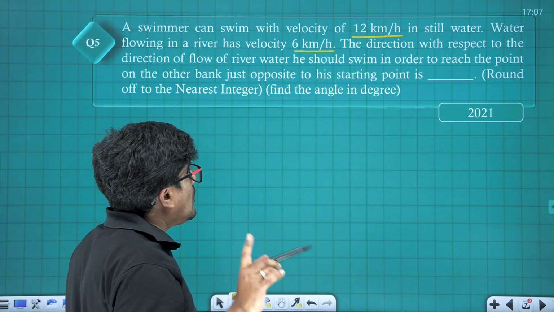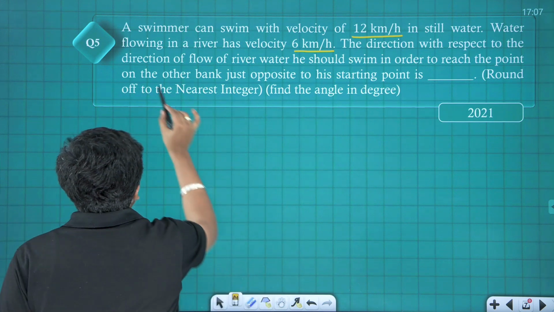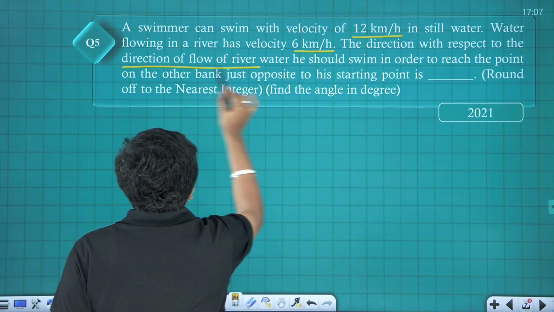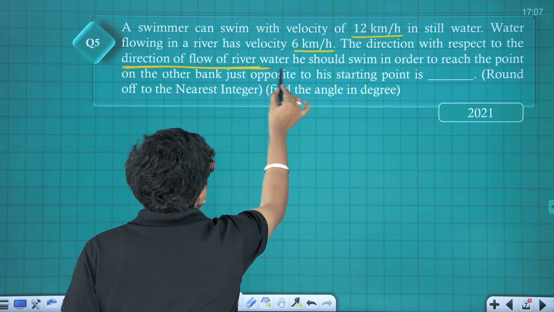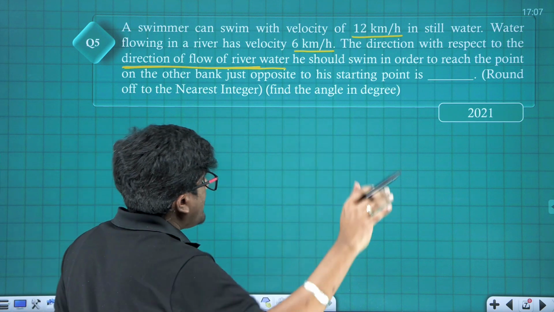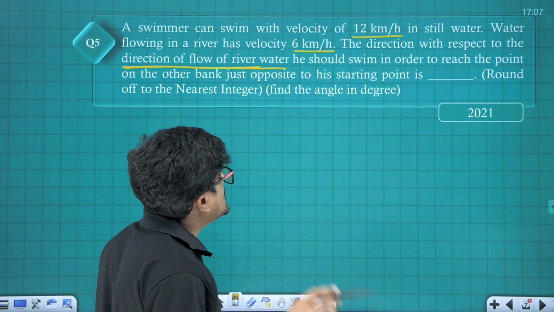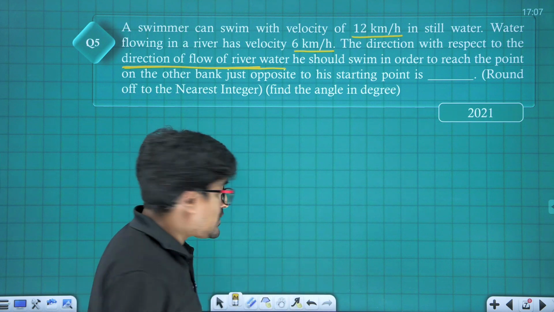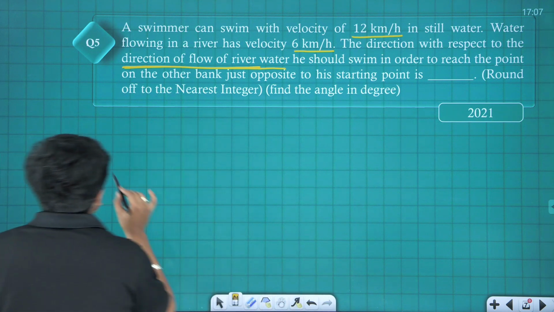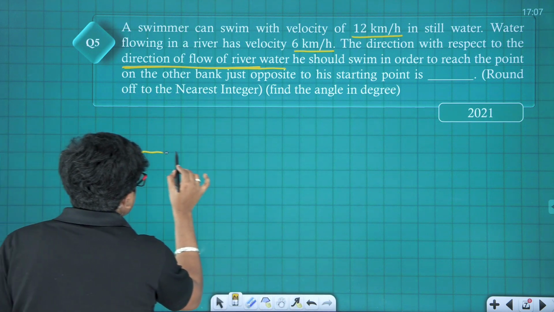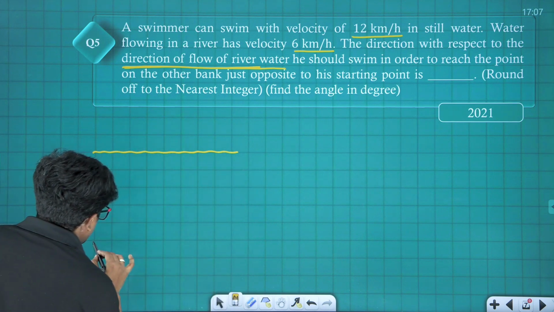The direction with respect to the direction of flow of river water he should swim in order to reach the point on the other bank just opposite to the starting point is. That is the question. Again, let's try to understand the situation. So here this is river bank 1. Here this is the other one.